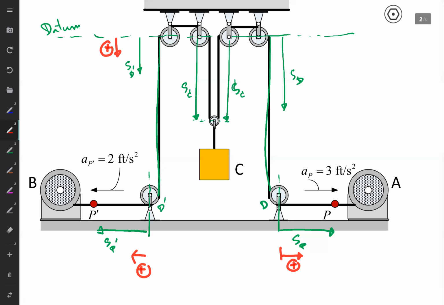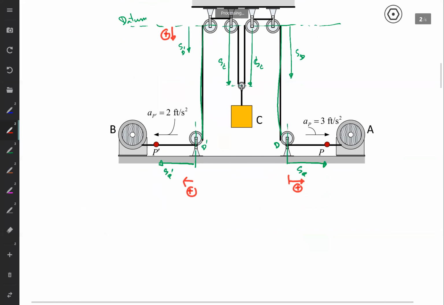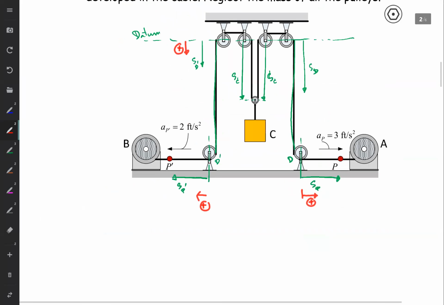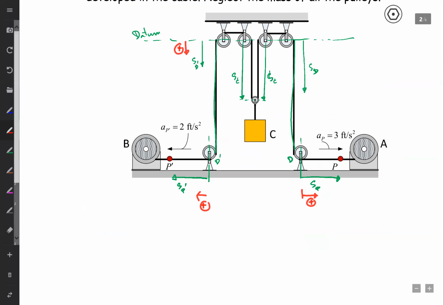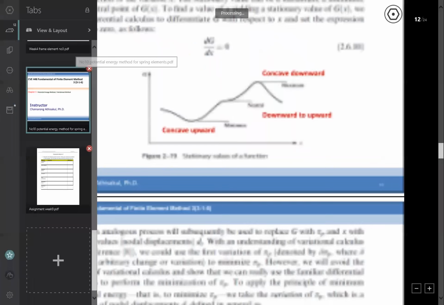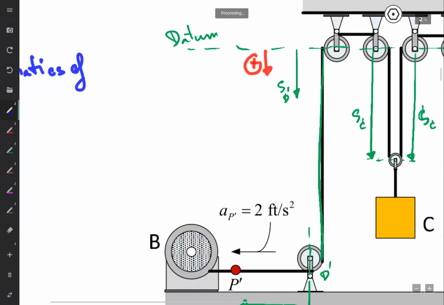According to this, based on the absolute dependent motion analysis, we start with the kinematics of the pulley system.